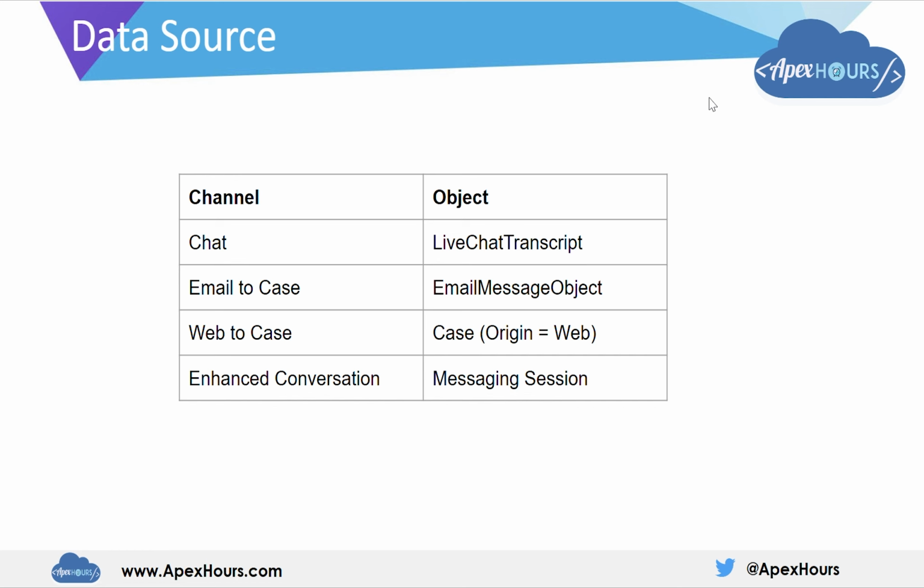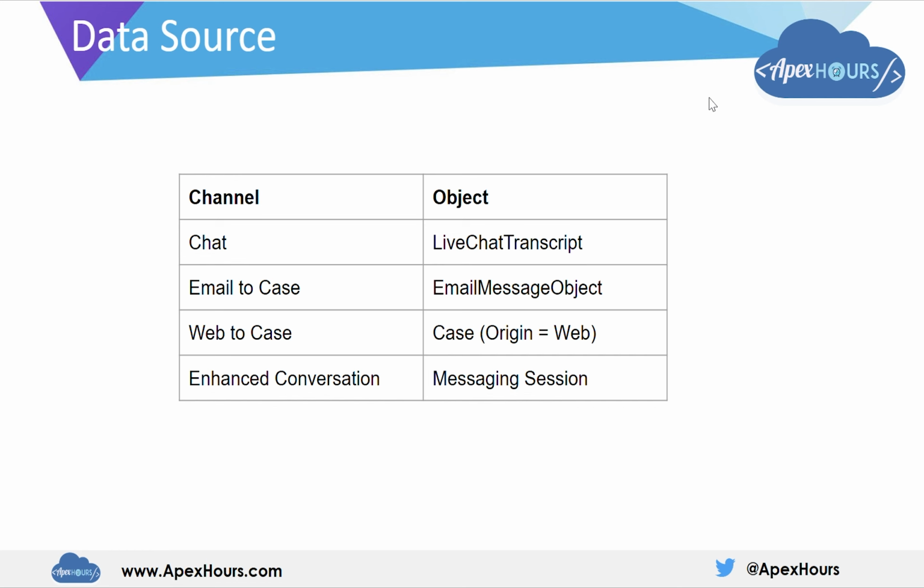So the legacy chat is based on the live chat transcript object, and the email to case relies on the email message object where parent ID is set to case. Web to case relies on the case object, but the standard field origin should be set to web. And the enhanced conversation channel, which is nothing but messaging in app for web, is based on the messaging session object.